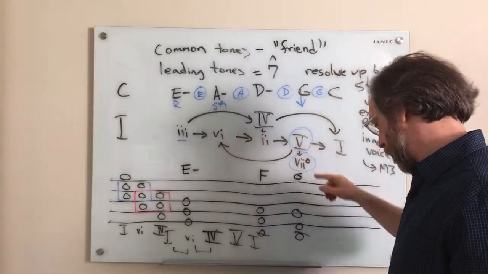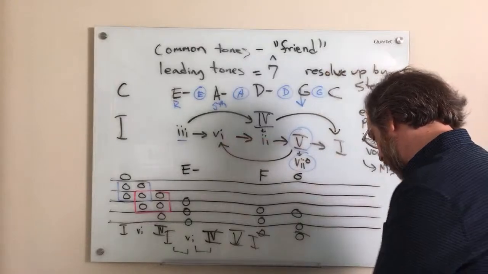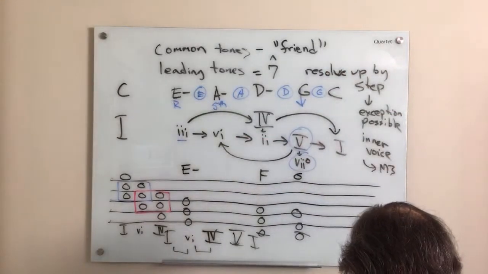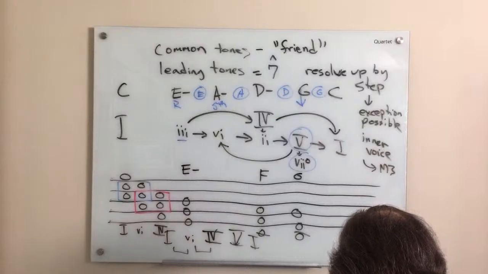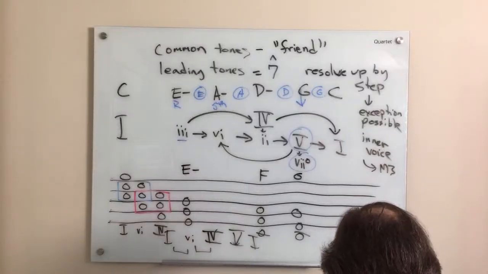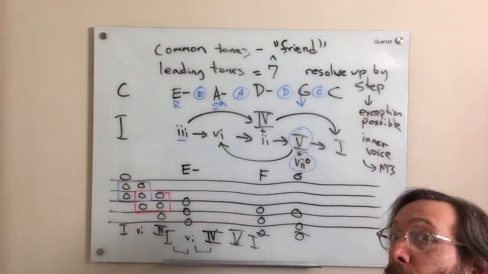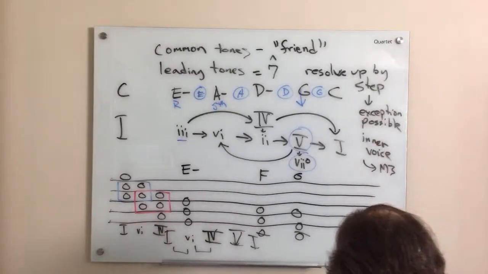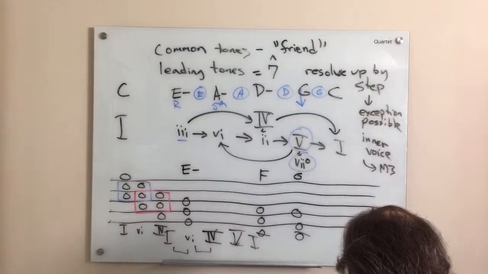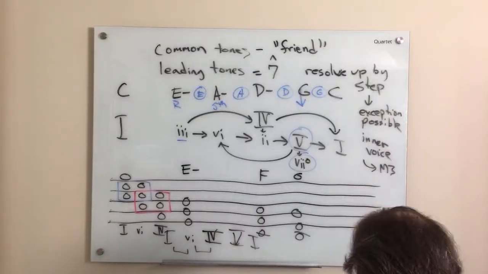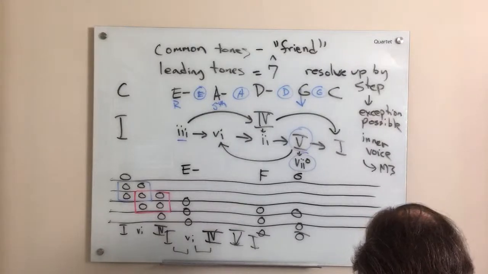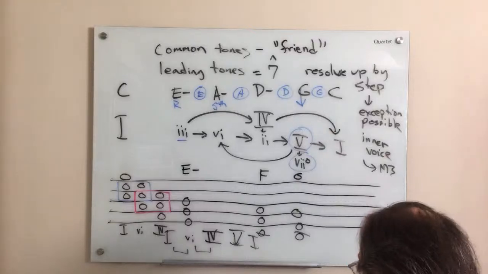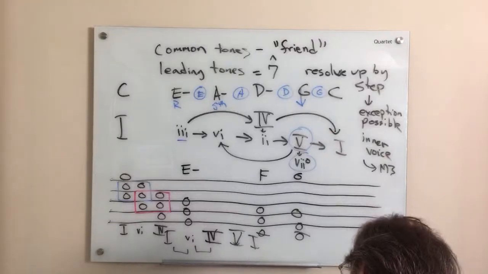But even when you have that deceptive resolution, that leading tone still resolves up to tonic, right? So if we're here in a 1 chord, 4, 5, we don't go to 1, we go to 6, but that leading tone goes to tonic anyways.